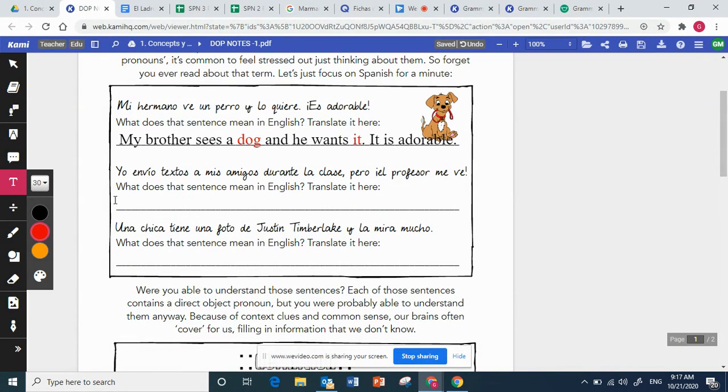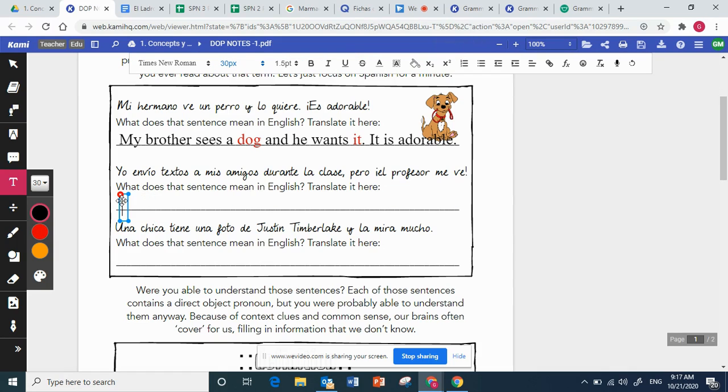Show you some more examples. "Yo envío textos a mis amigos durante la clase, pero el profesor me ve." If I were to translate this, it would be: I send text messages to my friends during class.